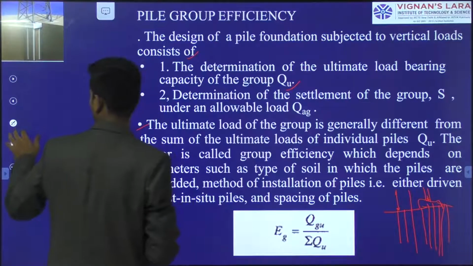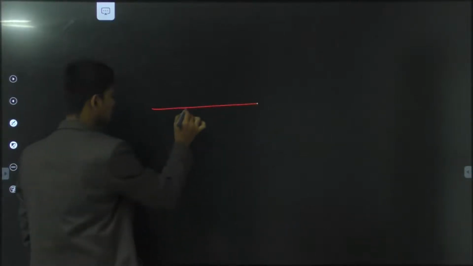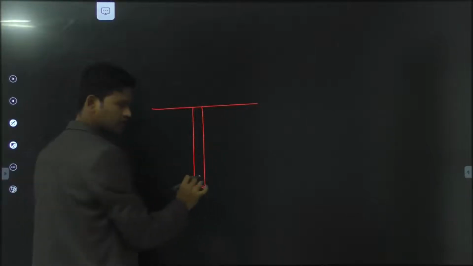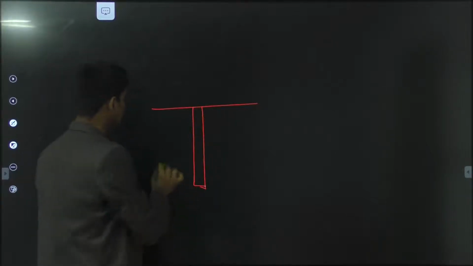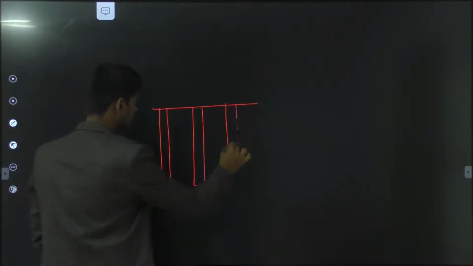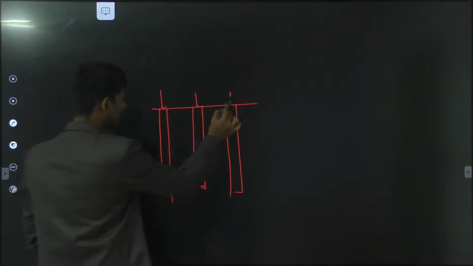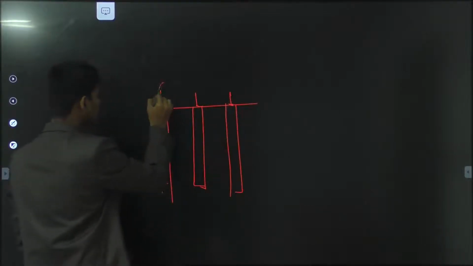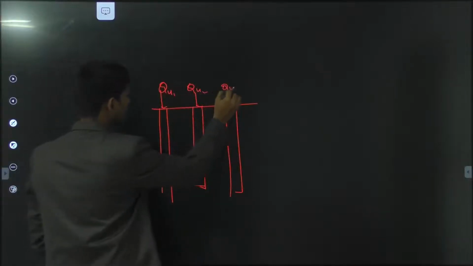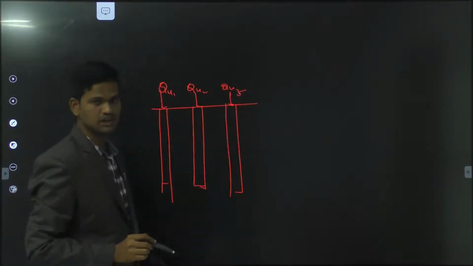I will explain that by showing an image. Suppose this is your ground surface, and here you have inserted one individual pile, and this is also an individual pile, and this is also one individual pile. For these individual piles you calculate the load carrying capacity, and suppose you take QU1, QU2, and QU3.